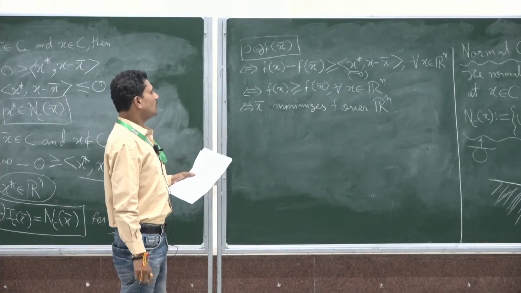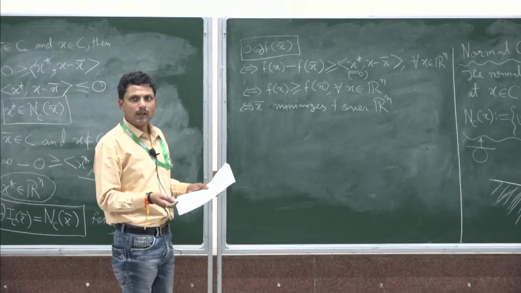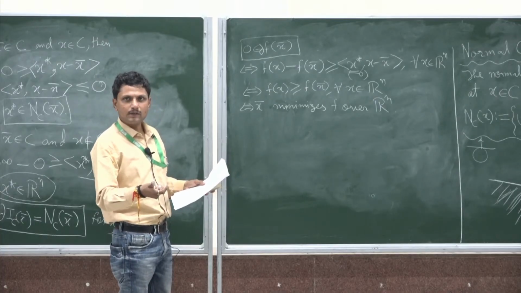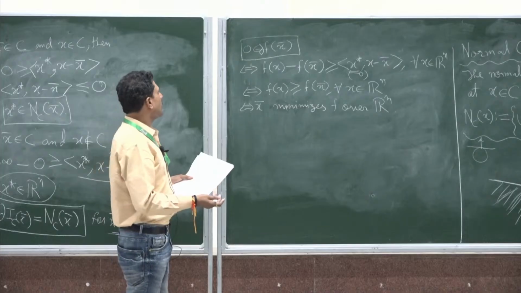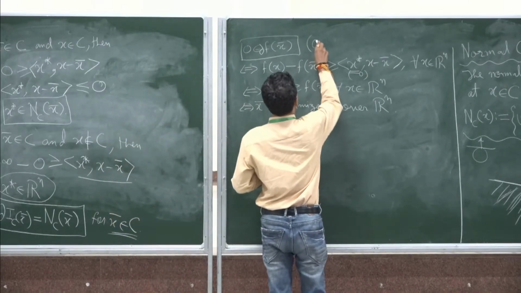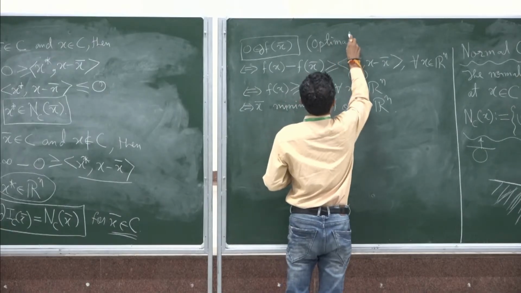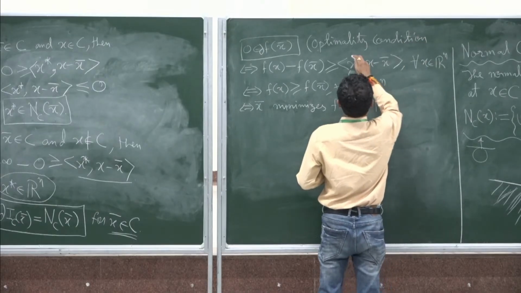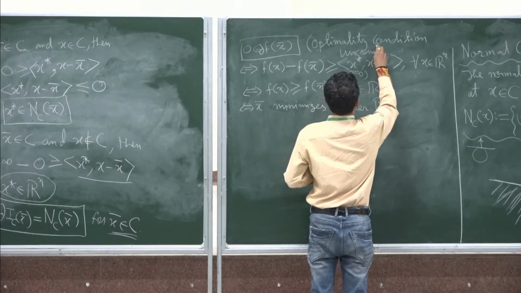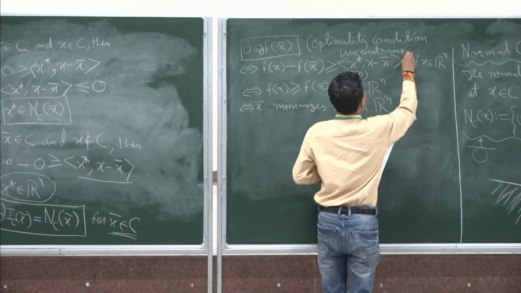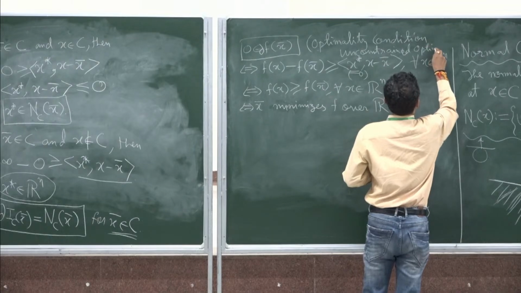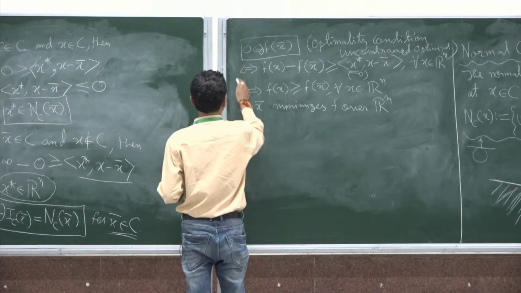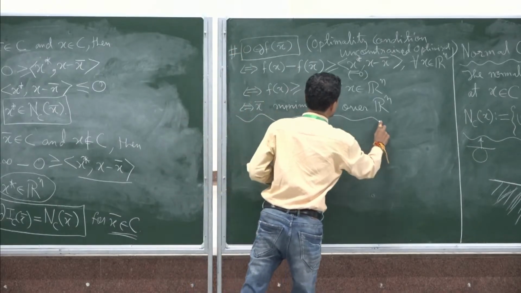So this is the first optimality condition that we can have, and if the function is differentiable, then this will be the gradient, that is Fermat's rule we know, right? So this is the first optimality condition for unconstrained optimization.